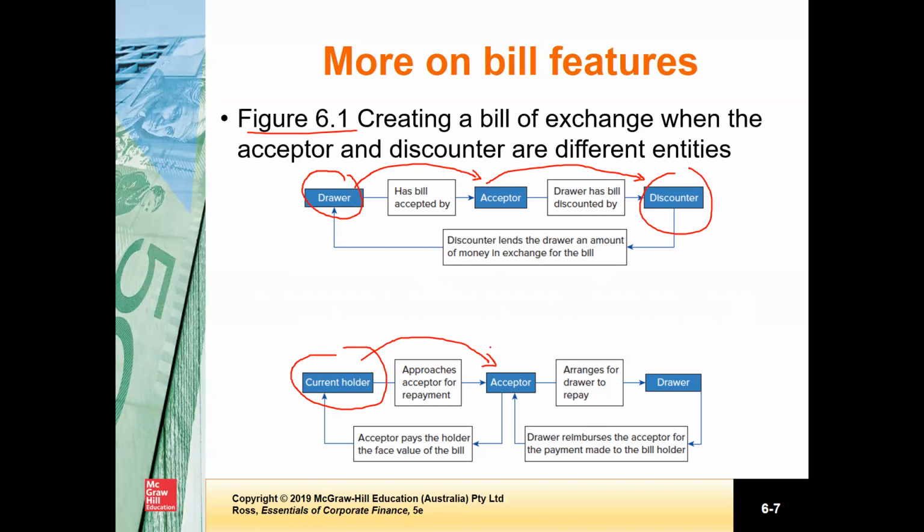The acceptor will recover this payment from the drawer, who is the issuer of the bill. So I think you understand how the bill of exchange works.